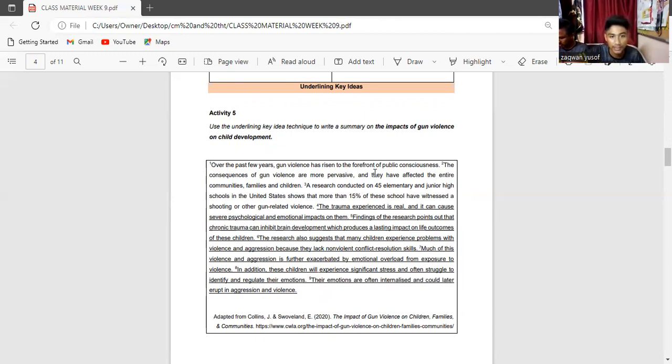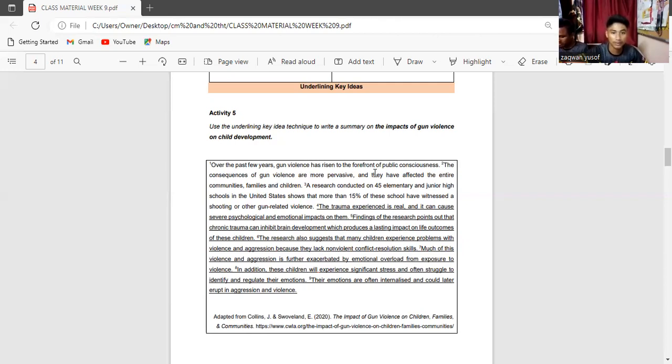Over the past few years, gun violence has risen to the forefront of public concern. The consequences of gun violence are more prevalent and they affect the community, family and children.